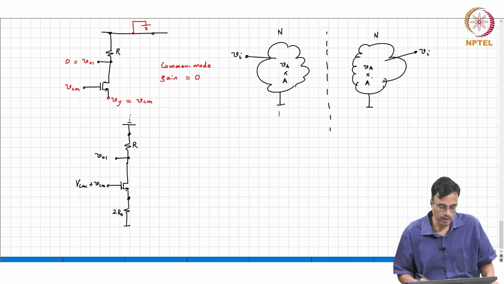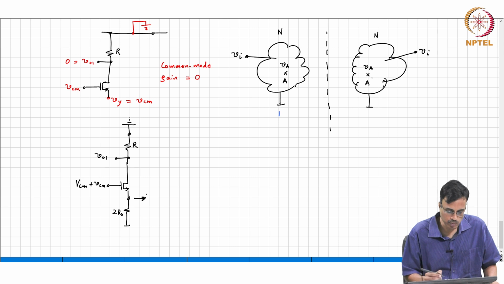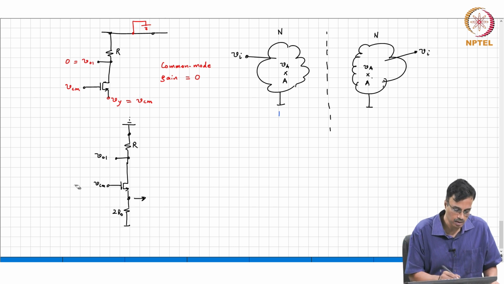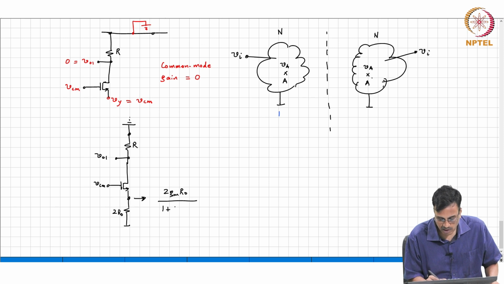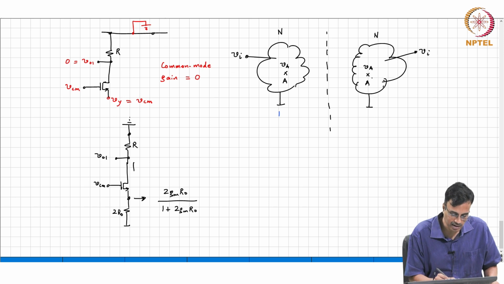So, what comment can you make about VO1? What is this incremental voltage? Now, you should be able to tell me quickly. Very good, it is gm times 2 gm R naught by 1 plus 2 gm R naught. So, what is the current flowing there?